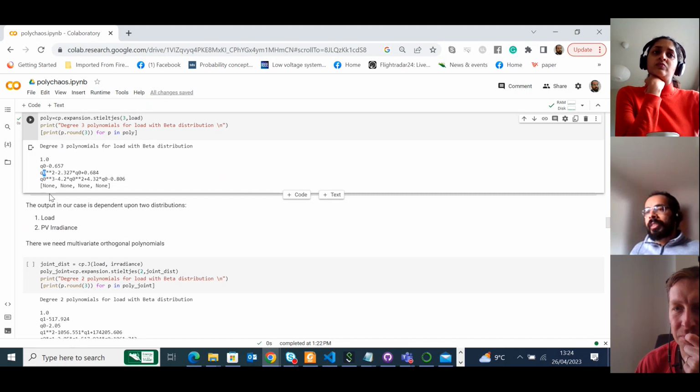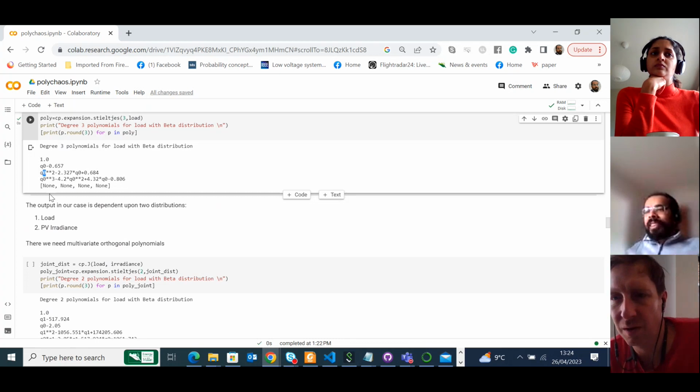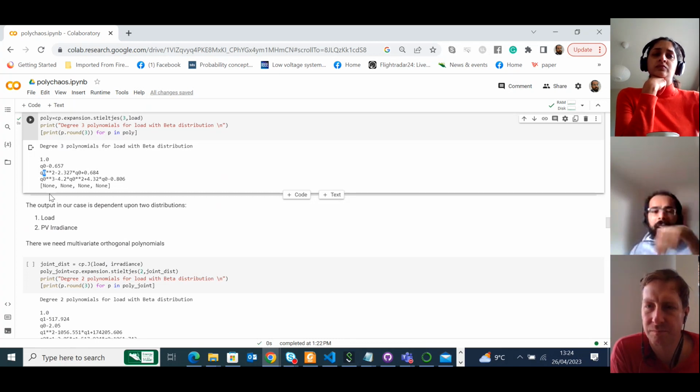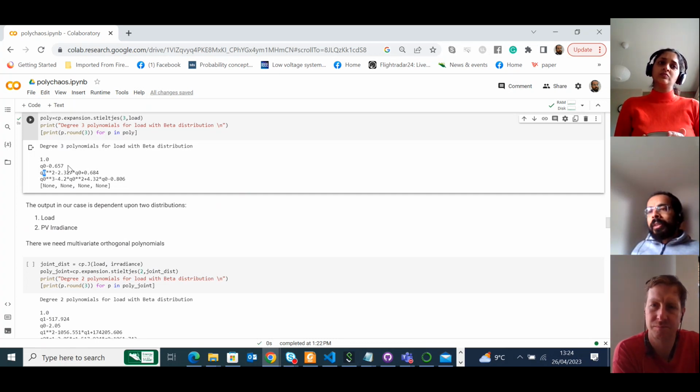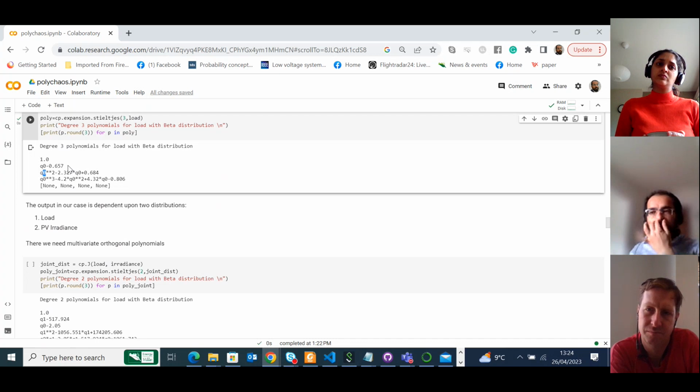There will be some coefficients which depend on the product of X and Y. Either you can carry all these univariate polynomials separately and find the coefficient for every one of them, or if you make a multivariate polynomial, you already do this tensor product here and try to reduce the number of coefficients you require.